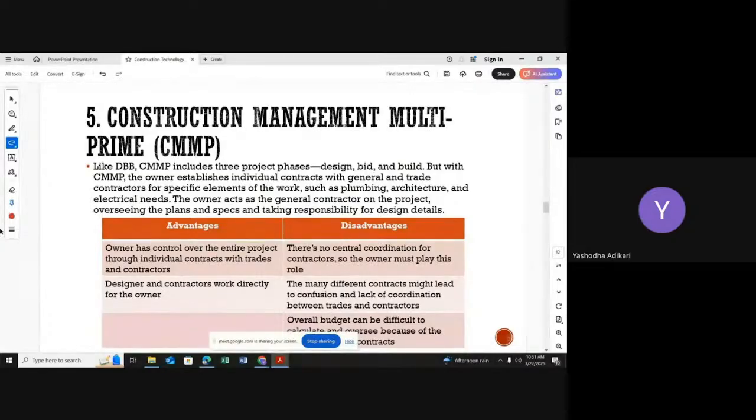As advantages, I can highlight the owner has control over the entire project through the individual contracts with trades and contractors. Now you identified we are signing contracts. The client is signing contracts with subcontractors, right? So that means the client has the authority to handle their subcontractors.